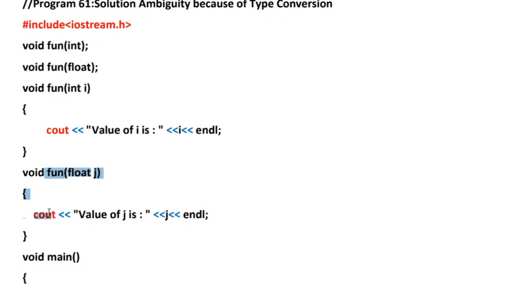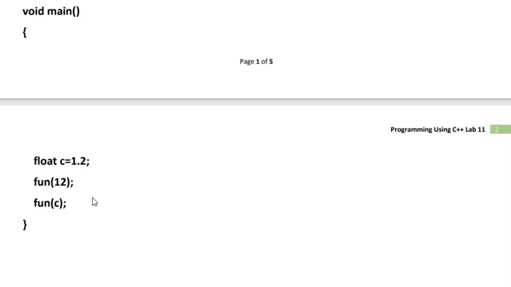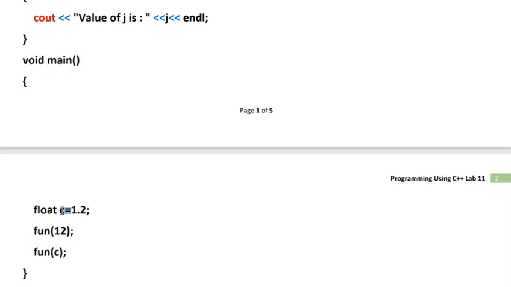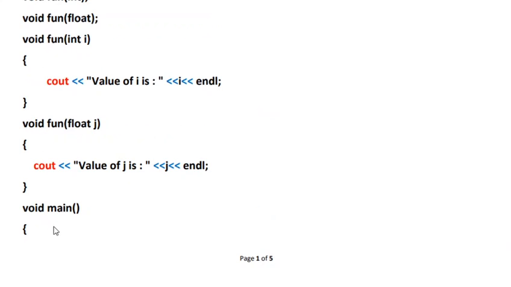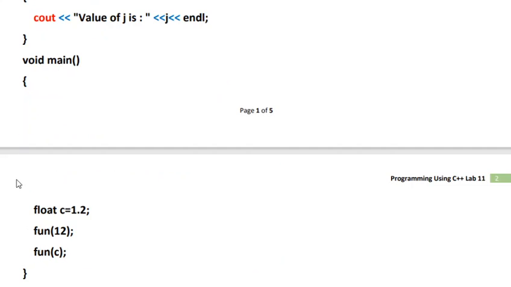Here, this is the definition of the function that takes in float. This is also displaying the value of the floating point number, right? Here, I have declared a floating point variable c that is initialized with the floating point constant 1.2. Then I've called a function fun by passing 12. Whenever I call the function fun by passing 12, this version of the function will be called, right?